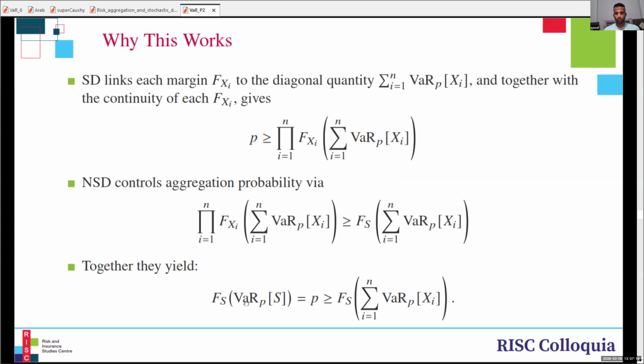Because VaR is essentially the inverse function of F, so if you take F and its inverse, you get back the identity. So if the VaR is superadditive, then it must satisfy this inequality. And the SD condition gives us this one at the top, while the NSD condition links the inequalities to give us the desired result.